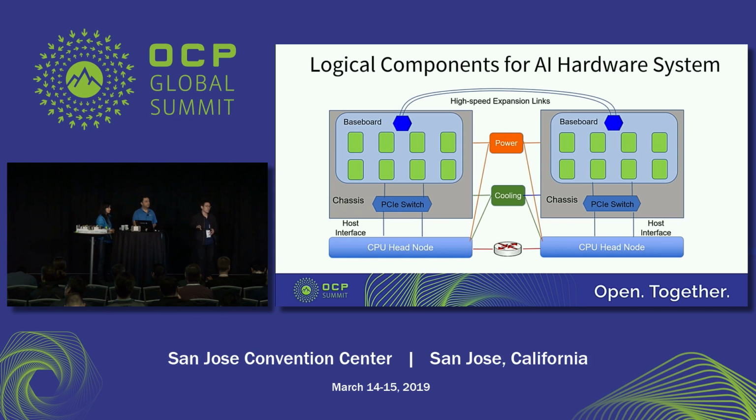Within the chassis, the baseboard topology is very important. You also need some kind of high-speed expansion links, some proprietary, to scale out the system. You can also use an RDMA fabric to scale out, and you need that to feed the data into the systems.